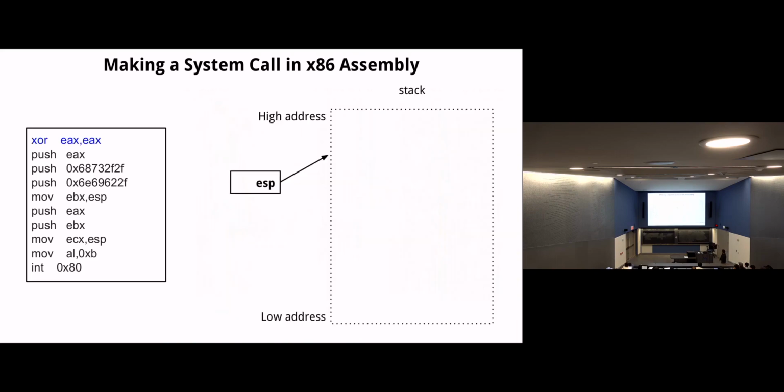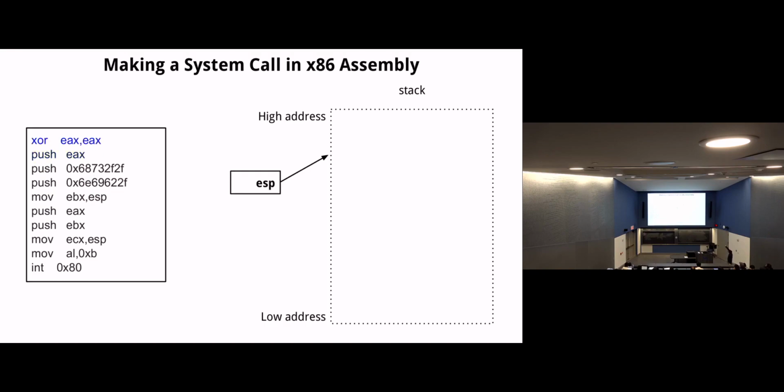Let's say the first instruction we have is XOR EAX, EAX. When you do an exclusive OR on the same register, what do you get? You get 0, right? So basically what this instruction does is set EAX to 0. That's the purpose. Then the second instruction, you push EAX onto the stack.